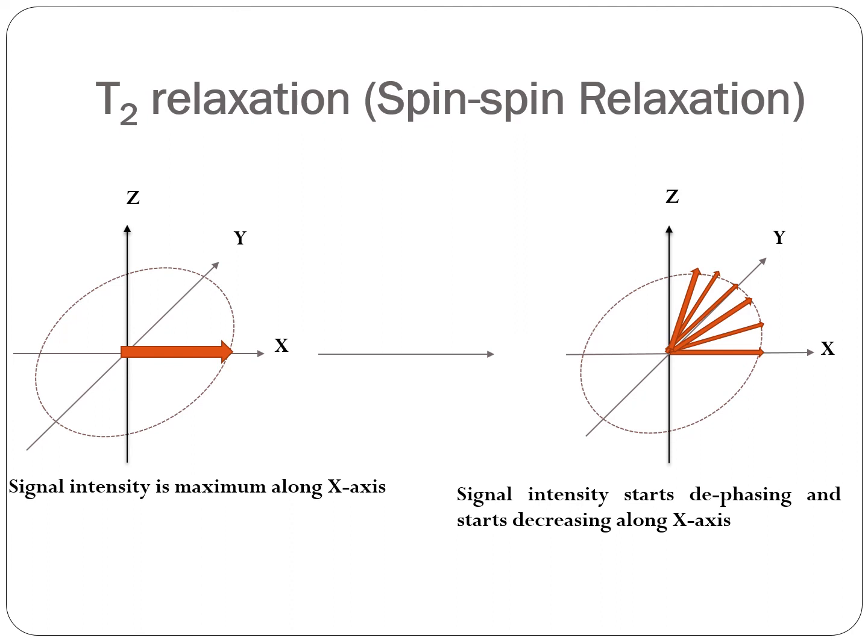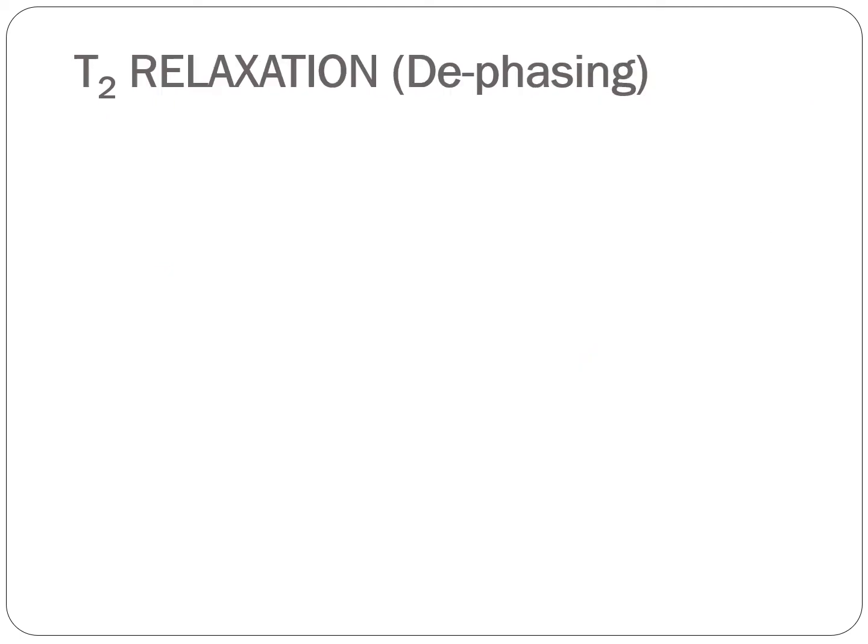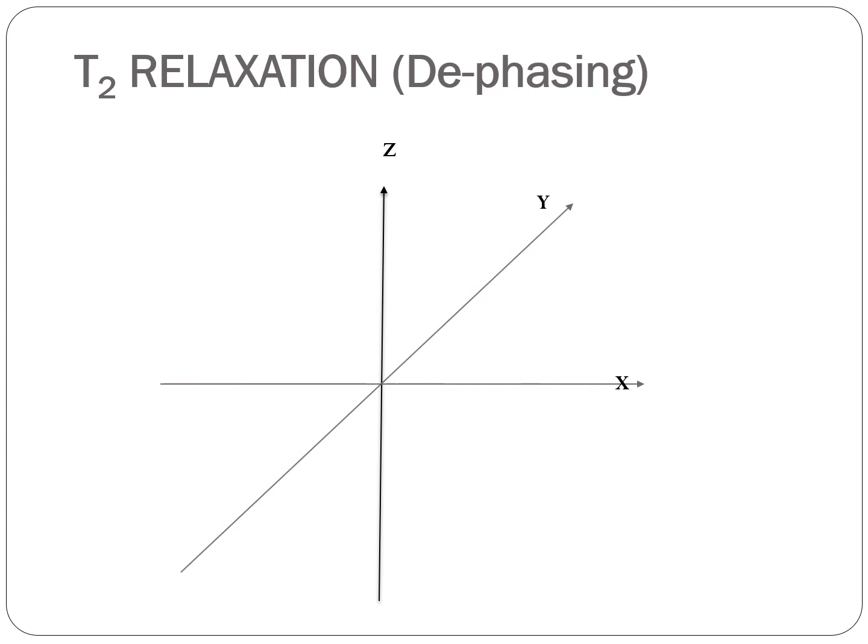So the decay, this process is also called as dephasing, is along the xy plane. So we will see dephasing. See, first the x-axis, then this is the circle where the dephasing will be going on.